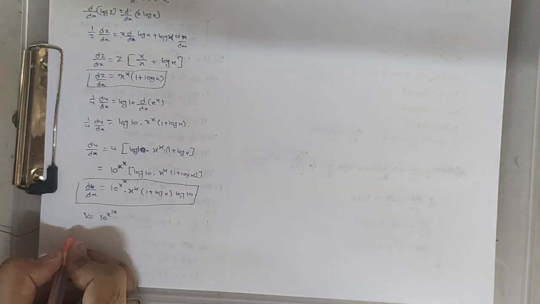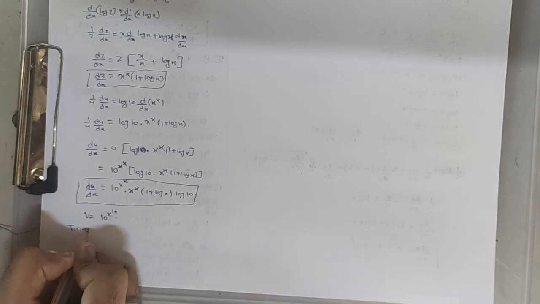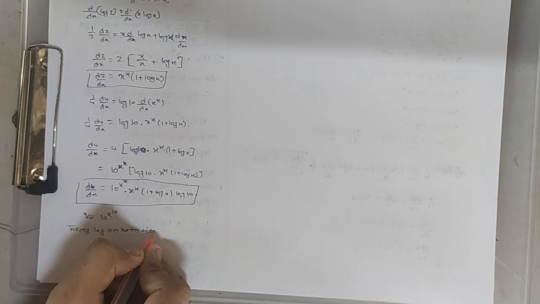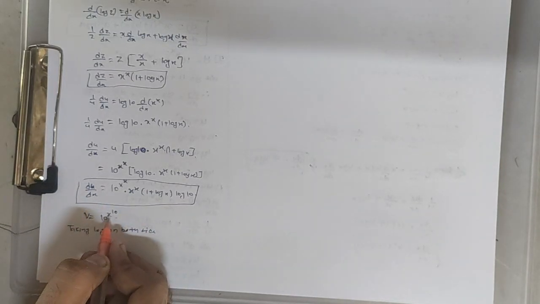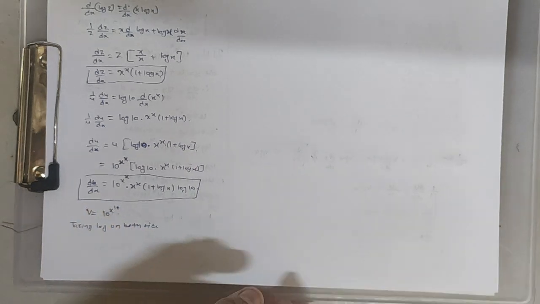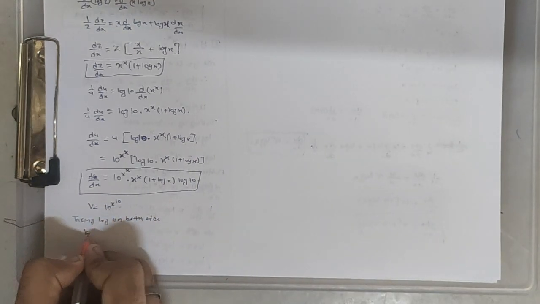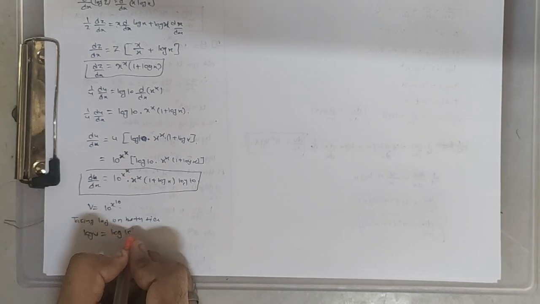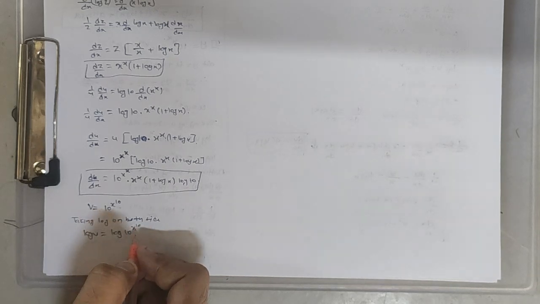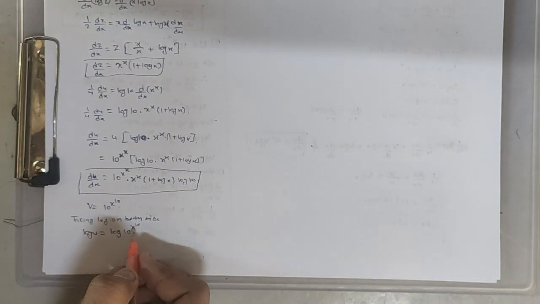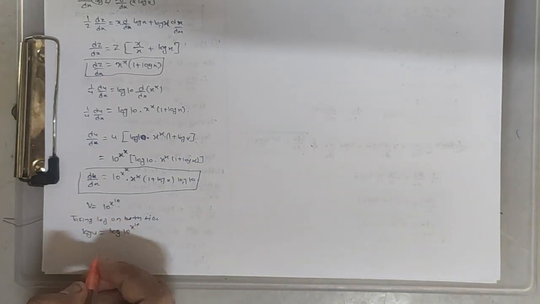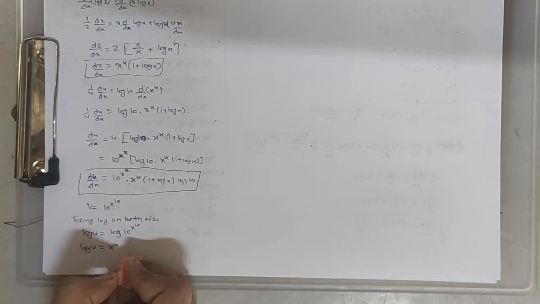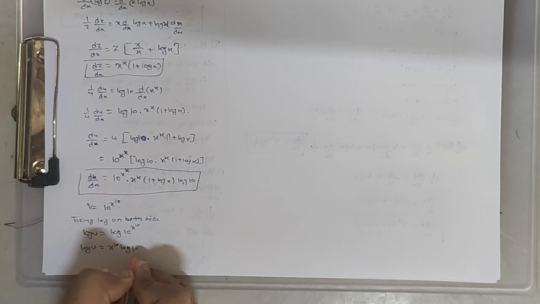So taking log on both sides, log v is equal to log of 10 to the power x to the power 10. So we can take x raised to the 10, so this will be log v equals x raised to 10 log 10.